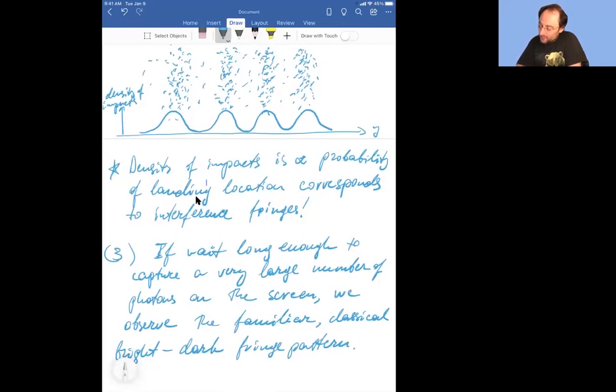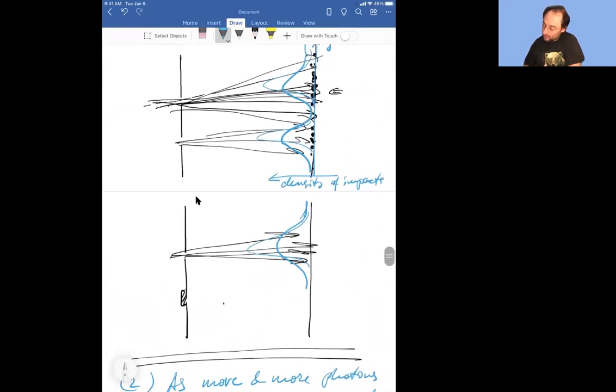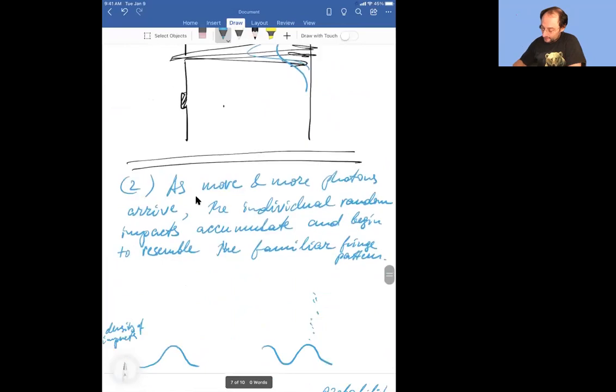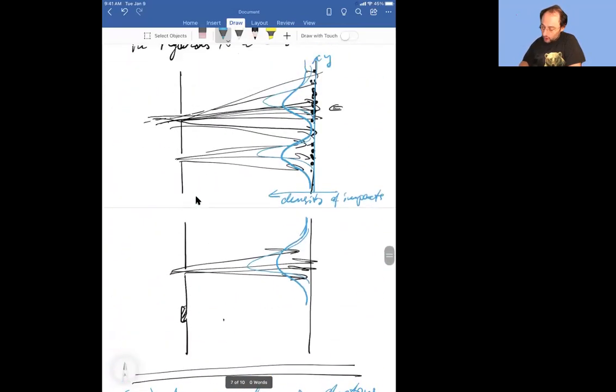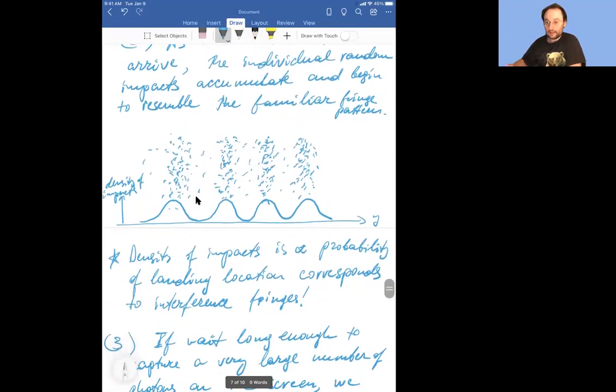The second reason why we cannot think of these particles in the classical sense is that classically we expect that if you send particles one at a time, you might at best get this kind of double bell-shaped curve pattern, and if you're very careful, basically two very narrow peaks right at the level of the slits. But that's not what we get. A trajectory-like understanding of particles predicts this. What we get is this.